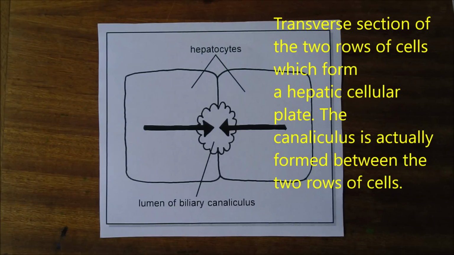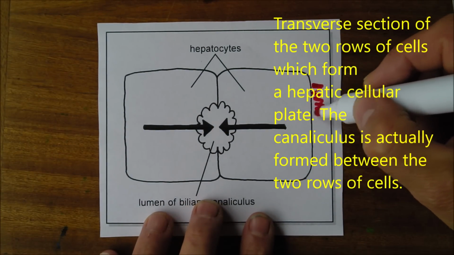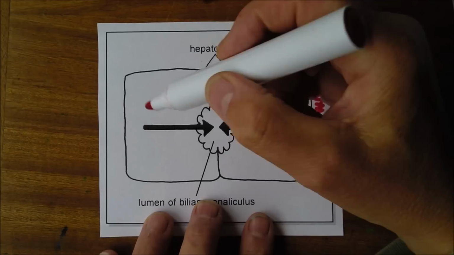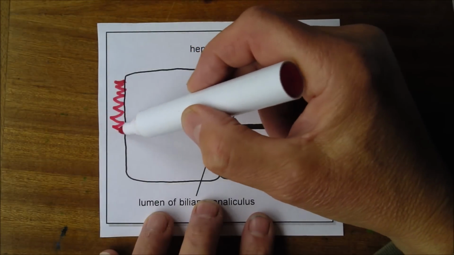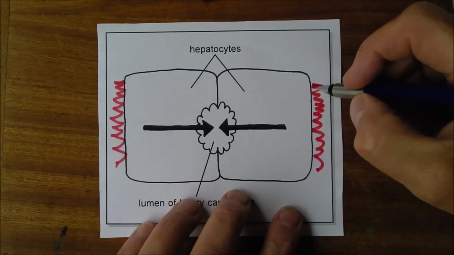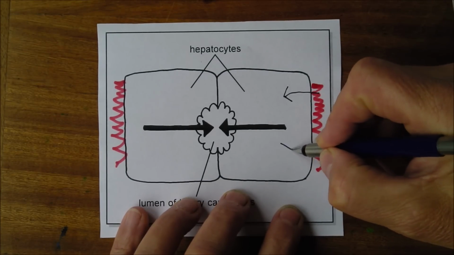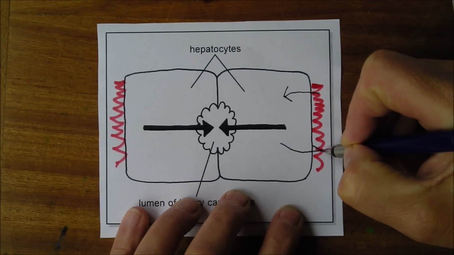Let me show you what I mean by that. So in this diagram we see a hepatocyte. This would be the blood in the sinusoid on the sides, just there. So material from the blood will go into the hepatocyte for processing, be chemically processed in the hepatocyte and can be excreted back into the blood.